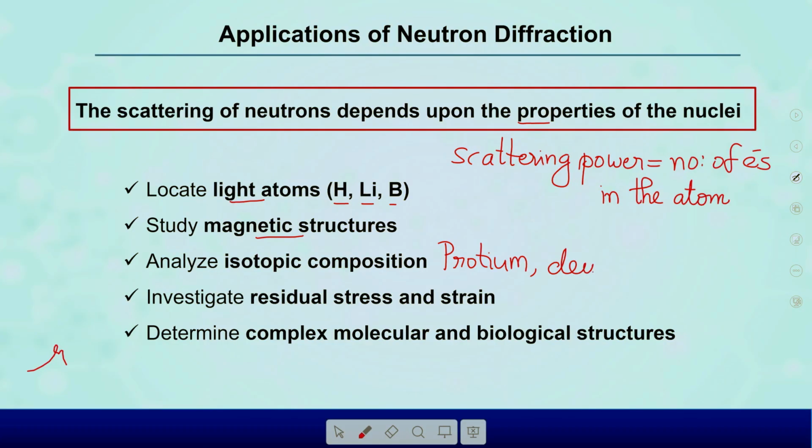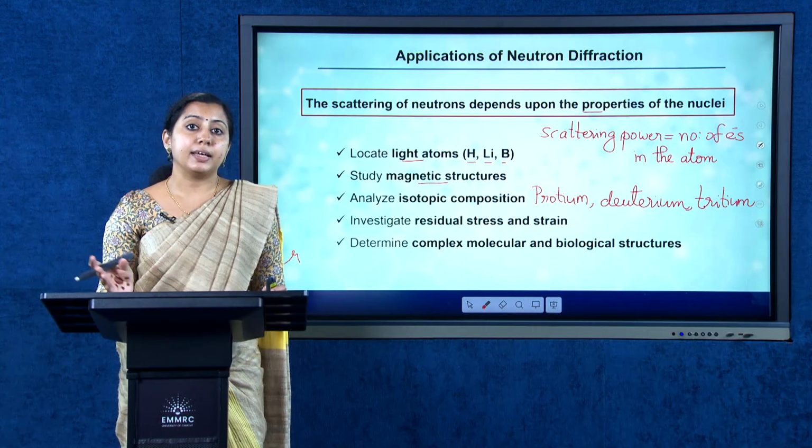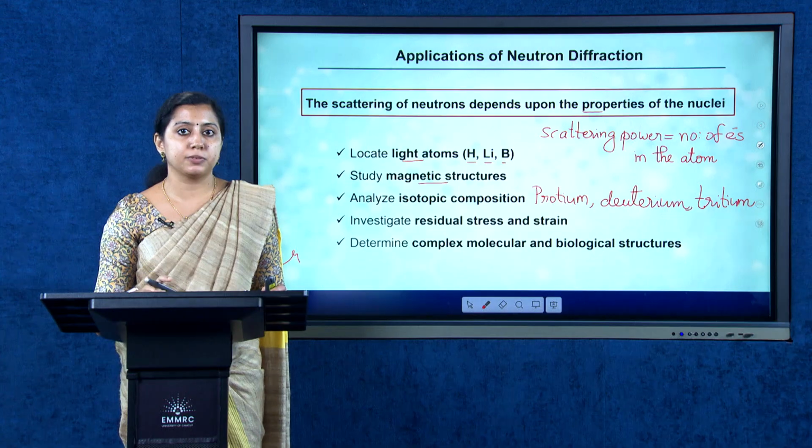deuterium and tritium, we know that the 3 are different nuclei. So, neutron diffraction method can easily distinguish these 3 isotopes. Why?